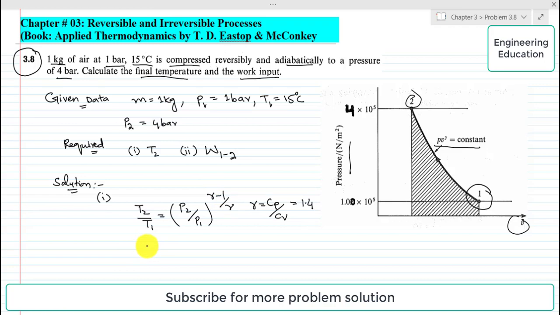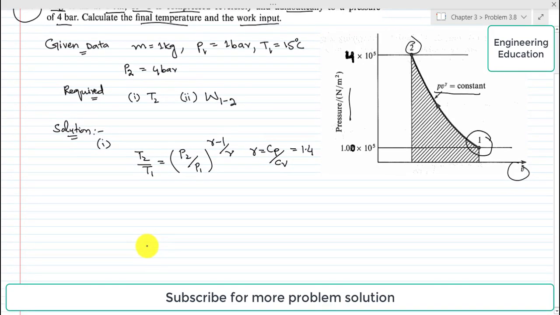So rearranging this equation, we can write the expression for T2, and it is equal to T1 into P2 by P1 power gamma minus 1 by gamma.